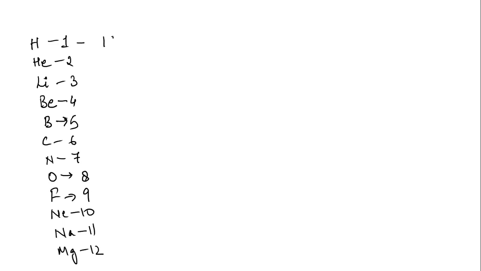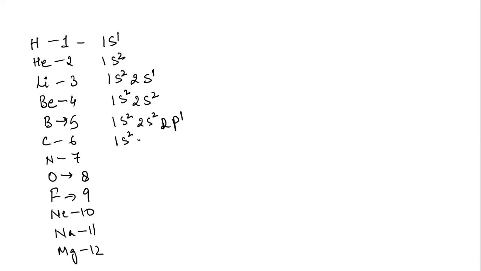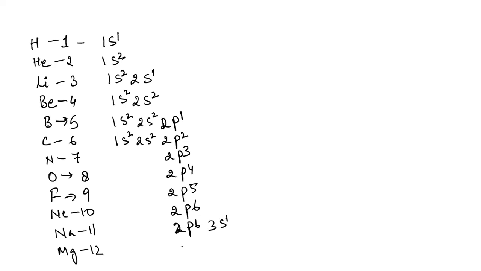The configurations are: 1s1, 1s2, 1s2 2s1, 1s2 2s2, 1s2 2s2 2p1, then 1s2 2s2 2p2, this is 2p3, this is 2p4, this is 2p5, this is 2p6, then 2p6 3s1, and 2p6 3s2.